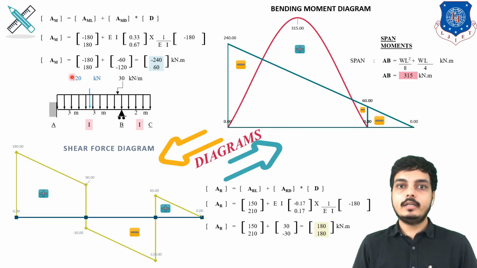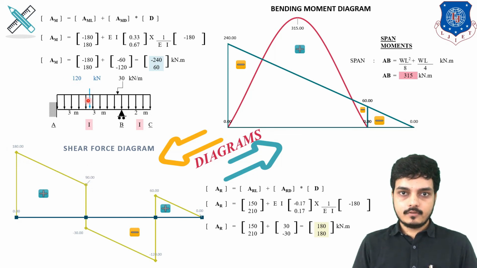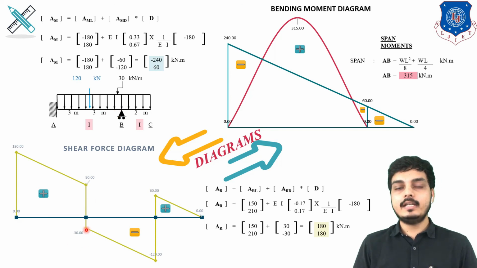Now this 120 kilonewton point load is given, which acts straight downward. So 90 minus 120 we get minus 30. Then again for 3 meters it is UDL, which is 30 into 3, 90. So 30 again will be added to 90, which is 120. So it will be moving more downward towards negative.